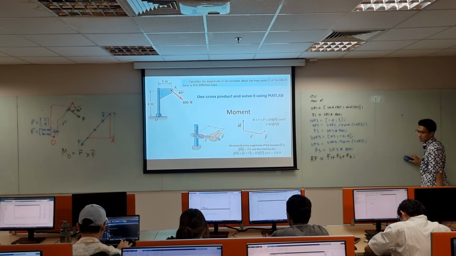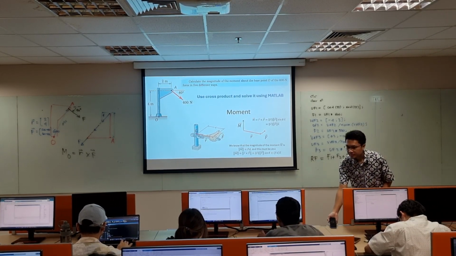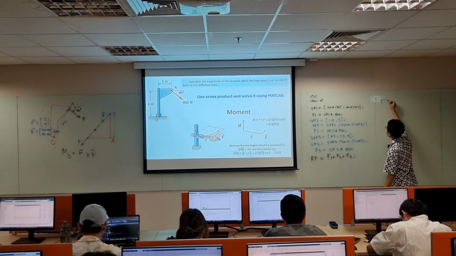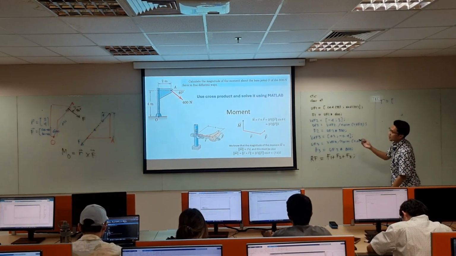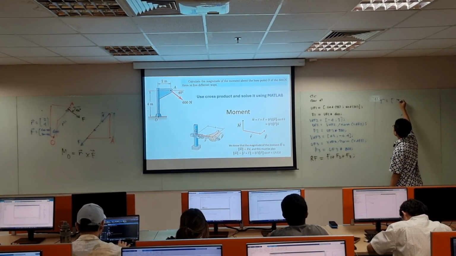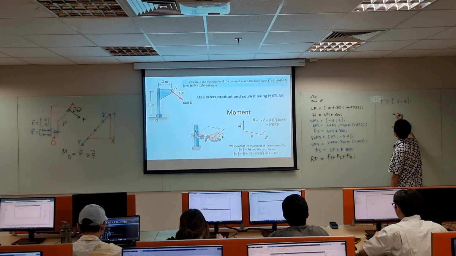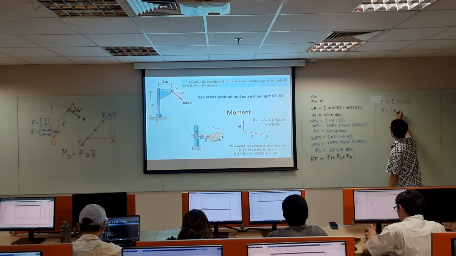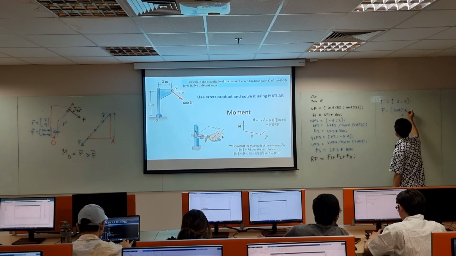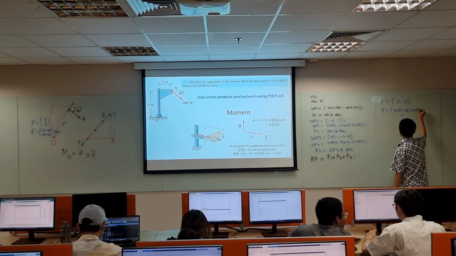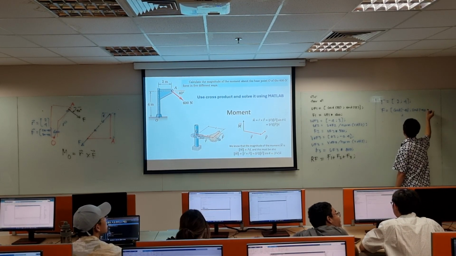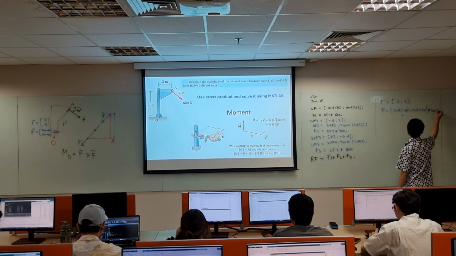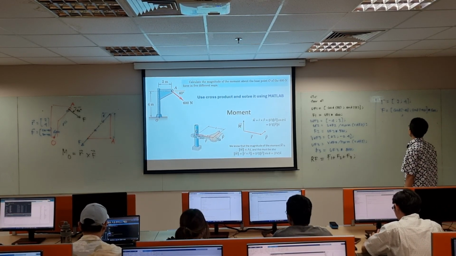Ini cross nggak bisa. So to write it in the MATLAB, you write down R, kan harus ada ini. 2 and 4. Okay. 2, 4, and then your F cosine D. Sir, you forgot to input the zero. Yeah, the zeros for the K. Kurang zeronya, sir.